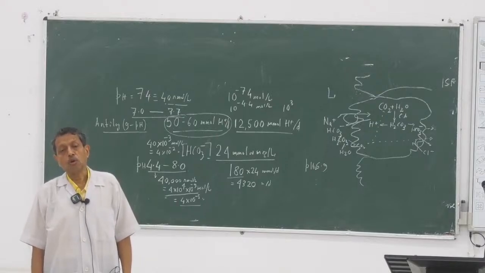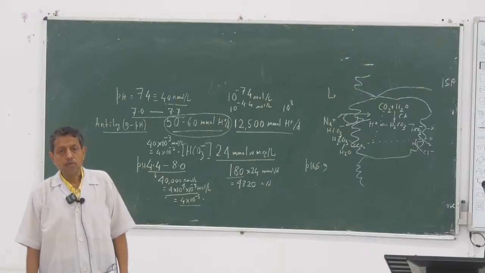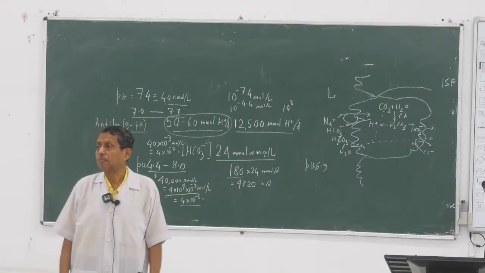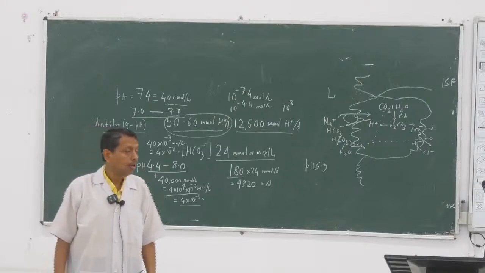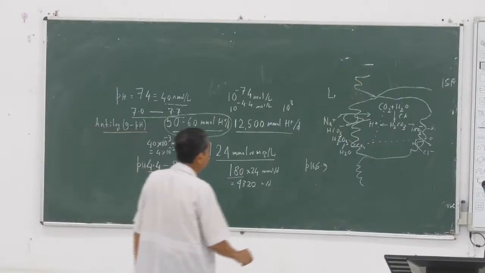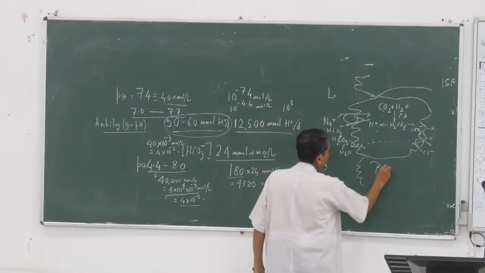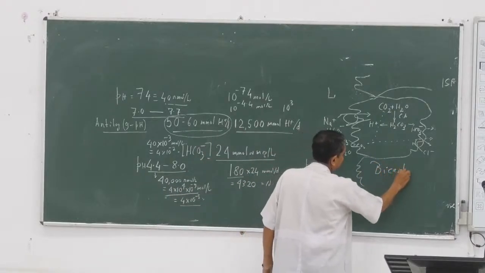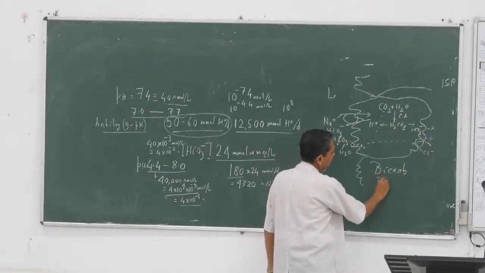And here is the role of the urinary buffers. Urinary buffers. It is important for the examination. 3 buffers you have to consider. One is bicarbonate buffer. Another is the phosphate buffer.